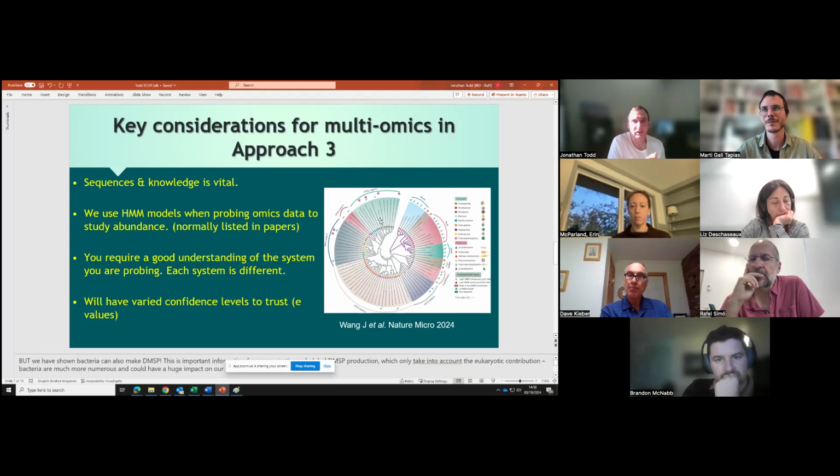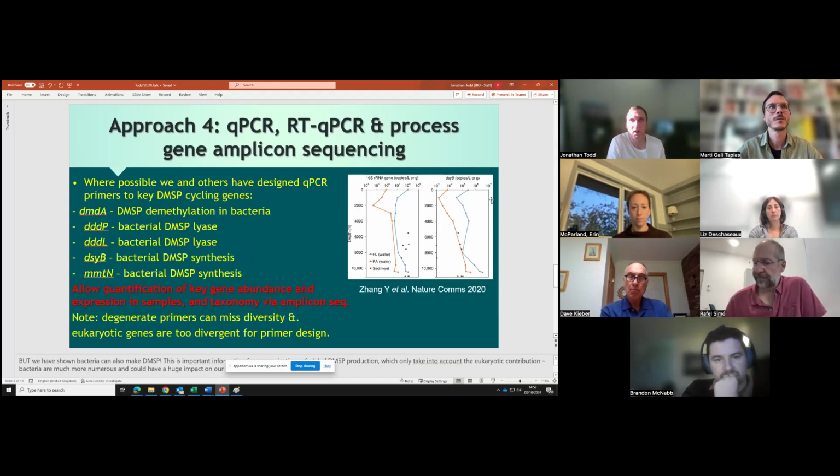There just needs to be better characterization for people to be able to say what is the contribution, how important is ALMA1 in environmental samples when you analyze omics data.